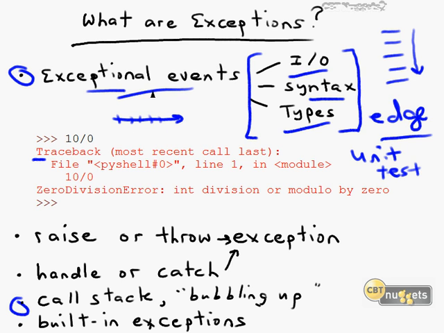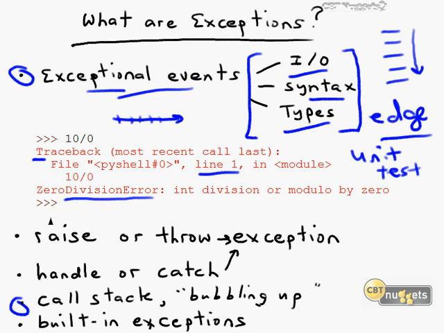And if we run into an unhandled exception, the program is going to halt and a traceback is going to be generated that gives you, among other things, which line in the module is causing the problem, and then the specific exception object that Python has raised. In this example, ZeroDivisionError is a built-in exception in Python 2 and 3.